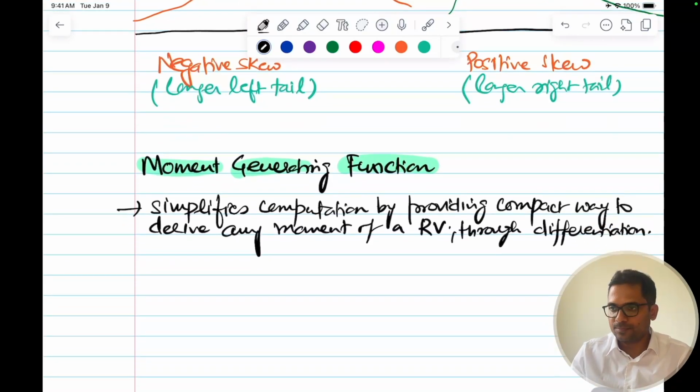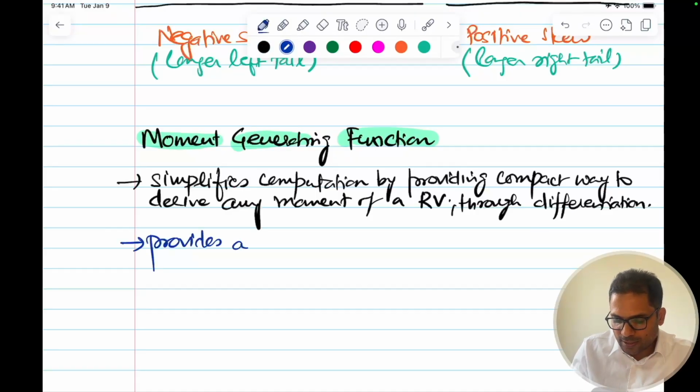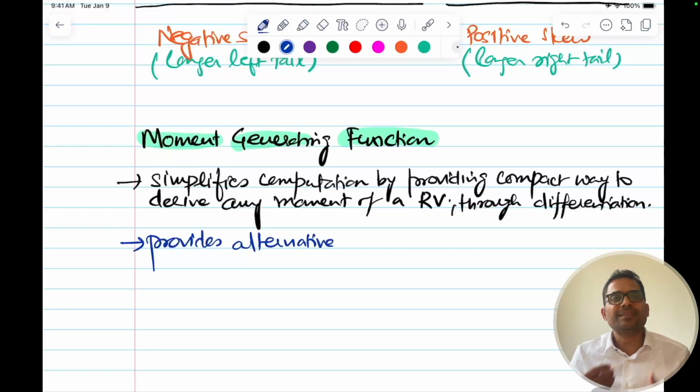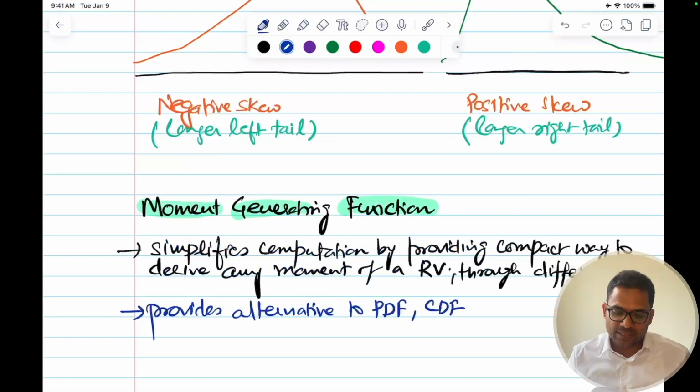Differentiation is easier. So what does it do? This provides an alternative to PDF or CDF way to find the moments that we were discussing earlier, right?